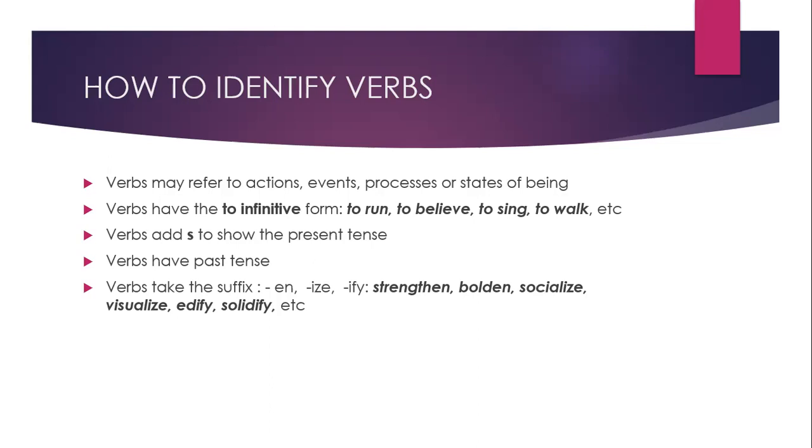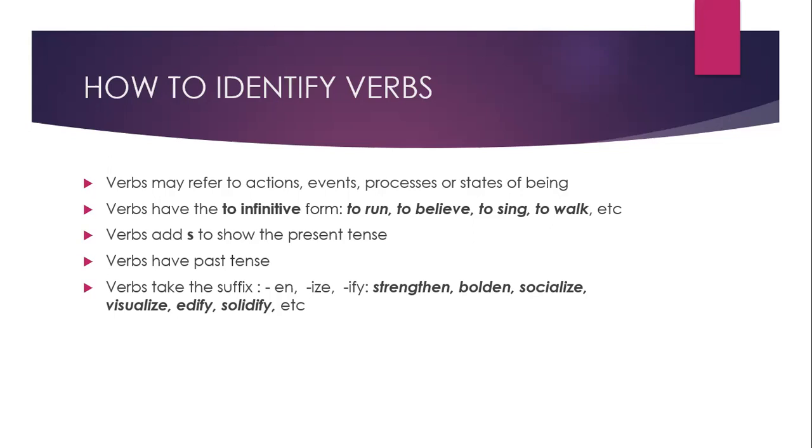But when you add s to a verb, you don't make it plural. There's no plural form of the verb in the sense that you have for nouns, okay? So adding s does not make it plural. It actually shows the third person singular present tense form of the verb. So runs is not the plural of run. It is the third person singular present tense of the verb to run.